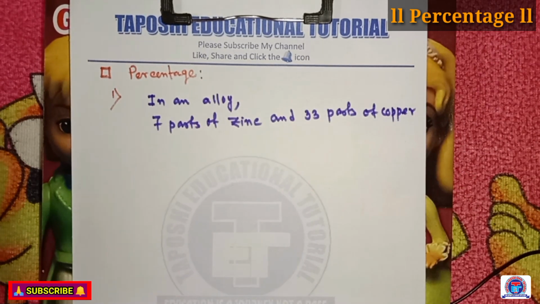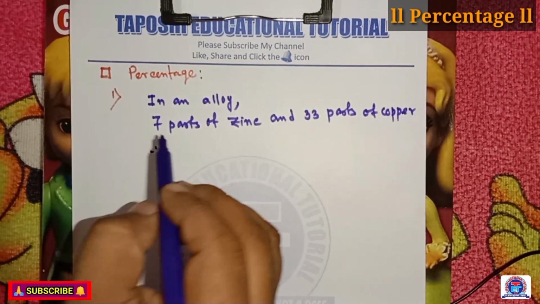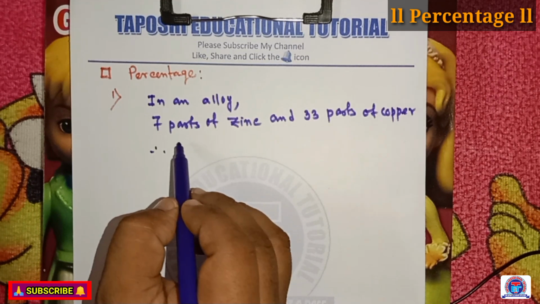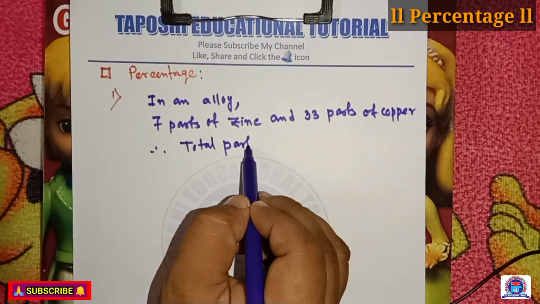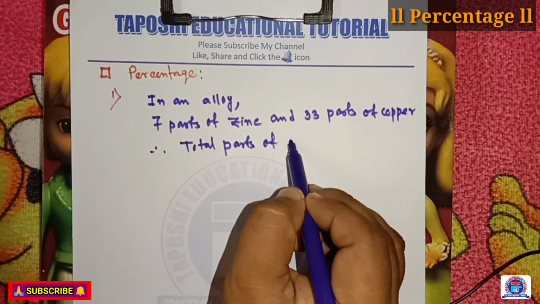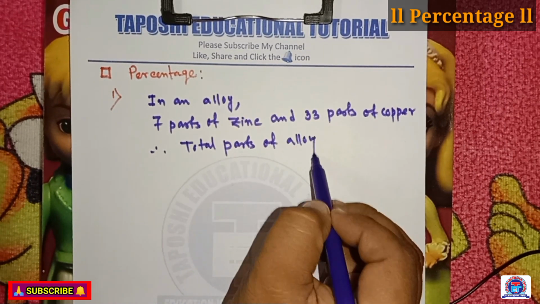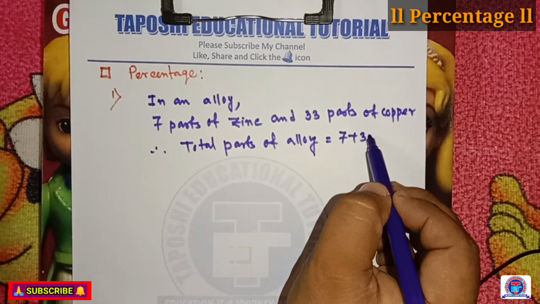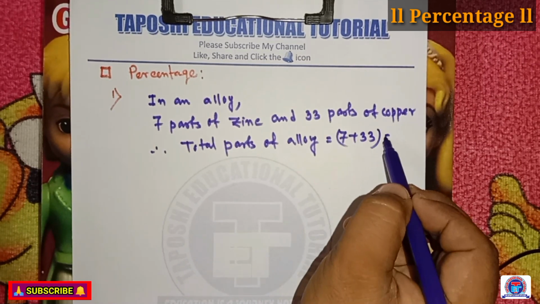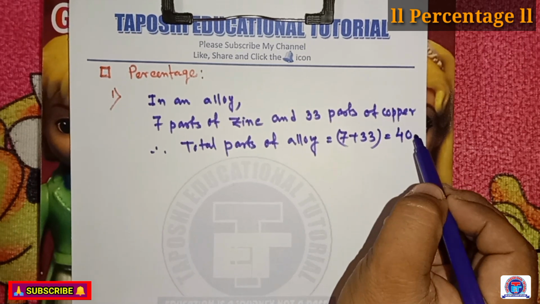Correct. Therefore, total parts of alloy is equal to 7 plus 33 is equal to 40. Correct.